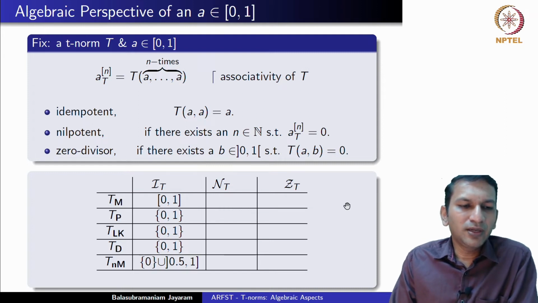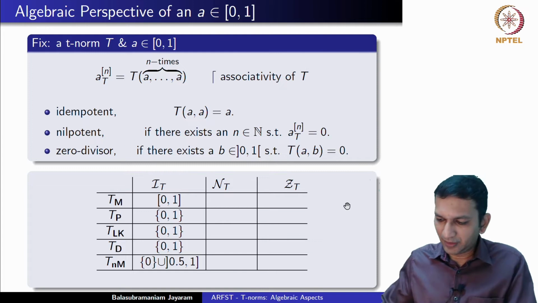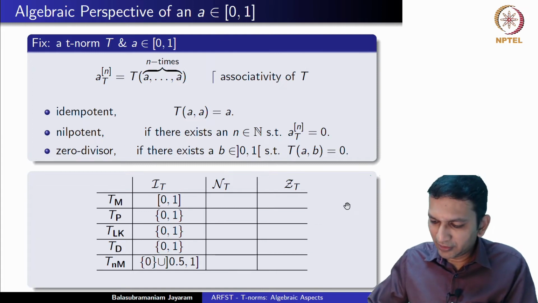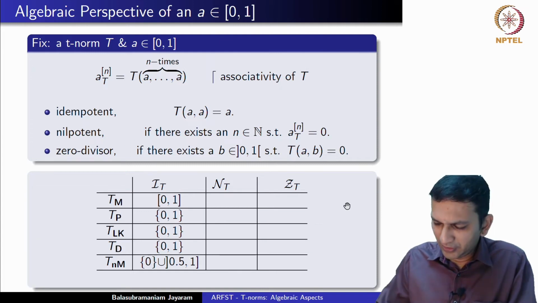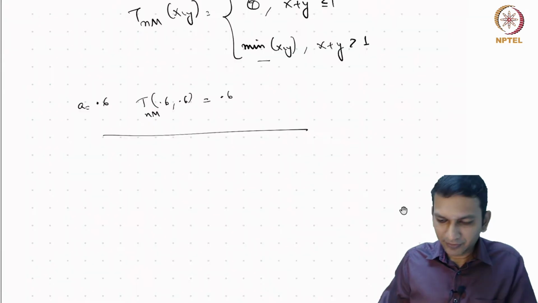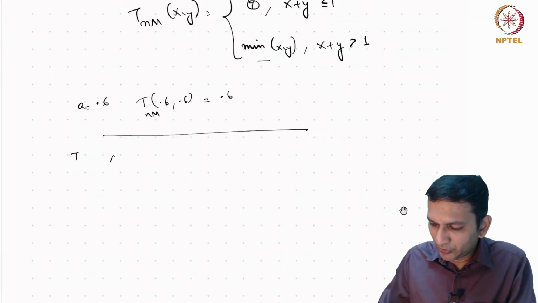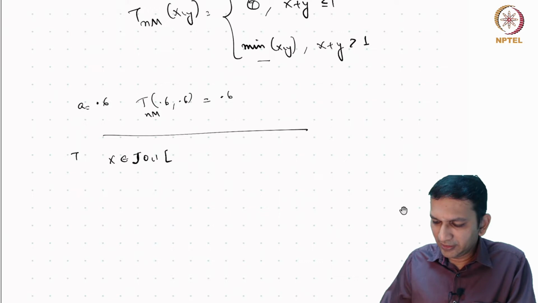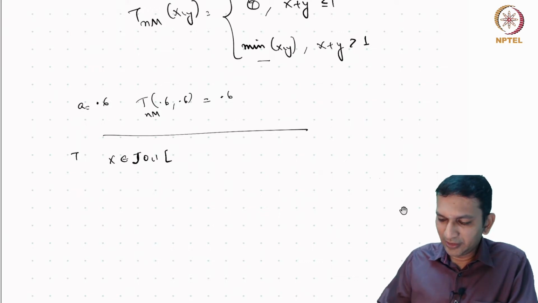Now, let's look at what is nilpotence and how to find the nilpotent set for a given t-norm t. So, what is nilpotence? You fix a t, you take an x element of open 0, 1. Note that once again here, if x is 0, then it does not go anywhere.